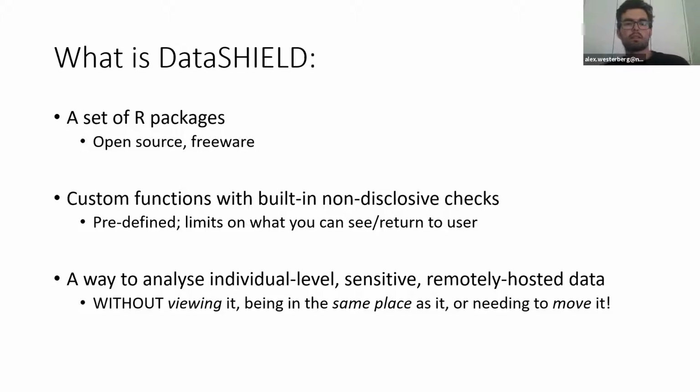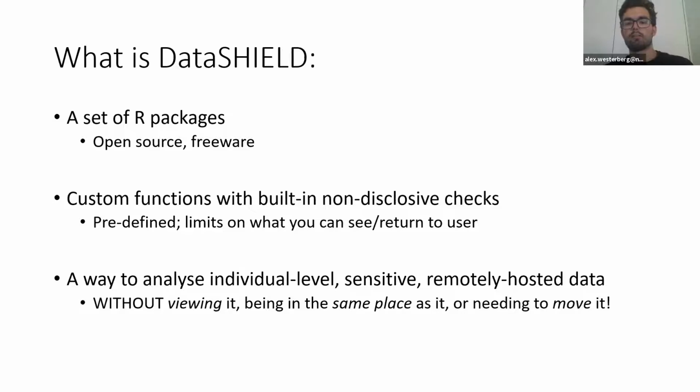But how does all of that business at the server work? So the key thing to think of is that we are sending commands such as, for example, mean, and that is sent through the internet and arrives at the server where the data is stored, and functions on the server side run, and part of that function is a non-disclosive check.